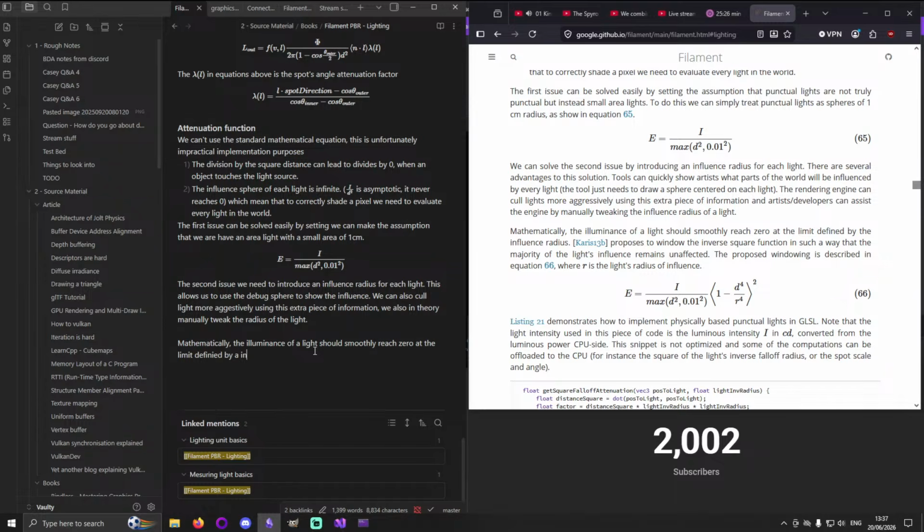Limits of the light should smoothly reach 0 at the limits. Okay, so no, that is talking about the radius of influence. I'm getting it now. Okay, so it is what I thought it was originally.